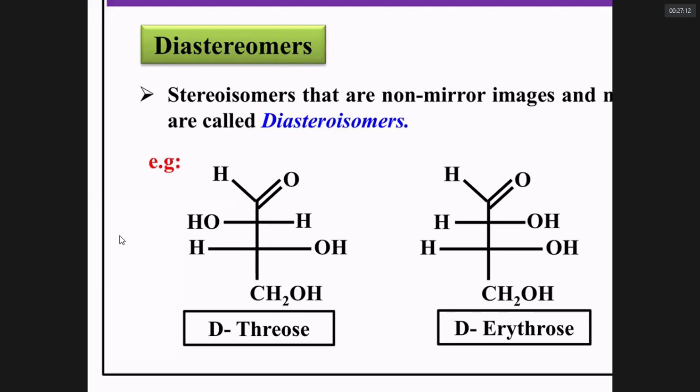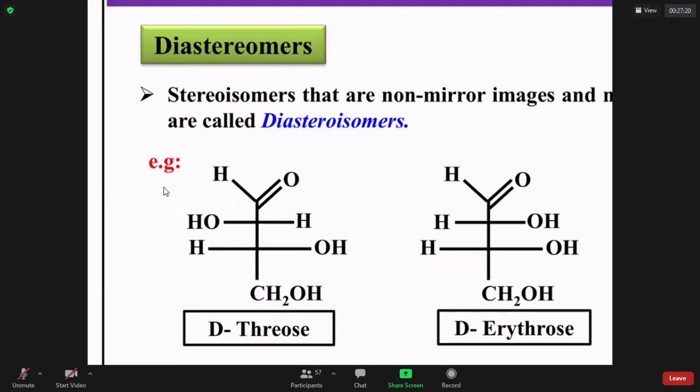This pair of compounds, threose and erythrose, do not have an object and image relationship. You can't convert one into the other. Remember, erythrose is a sugar where every OH is on the same side, and in threose the OH groups are not all on the same side.